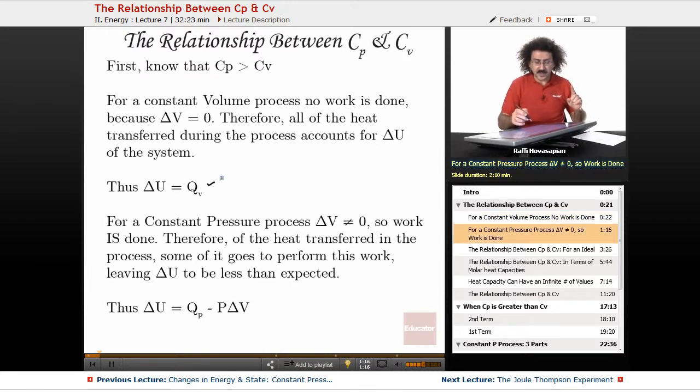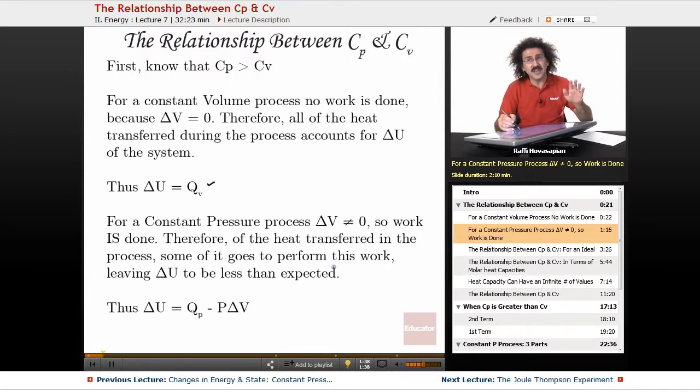Now, for a constant pressure process, the change in volume is not zero, so work is done. Therefore, some of the energy that's transferred as heat is used to perform work.